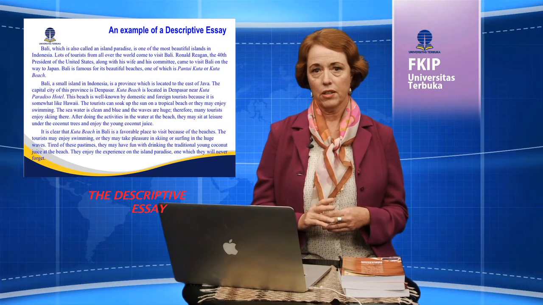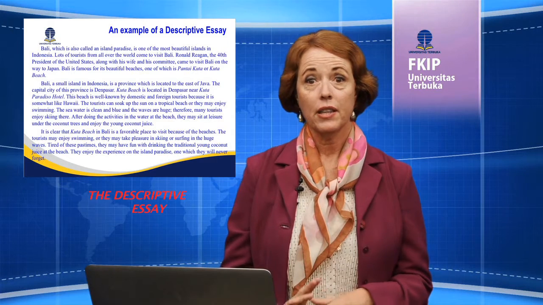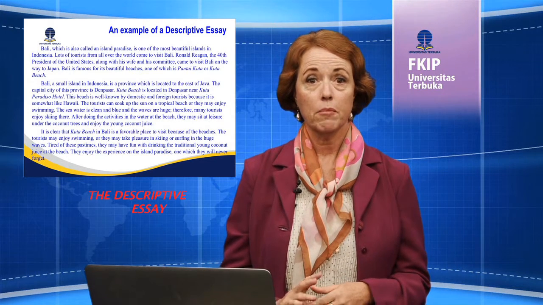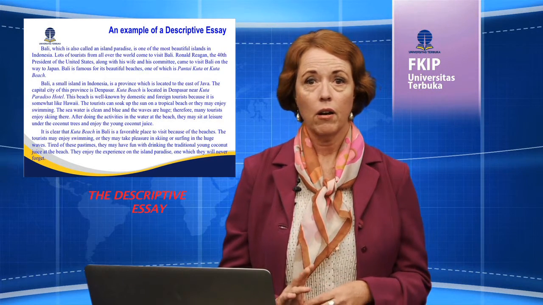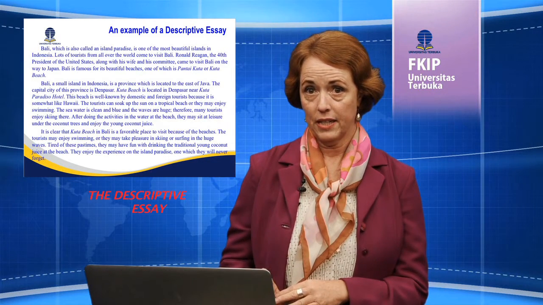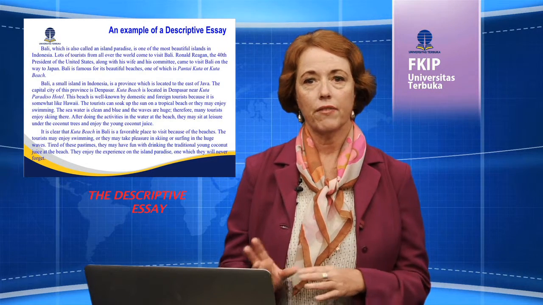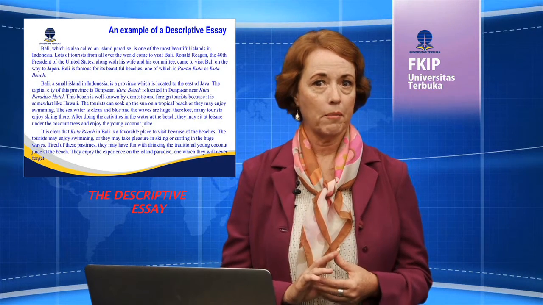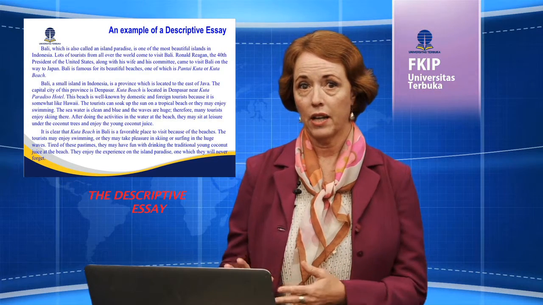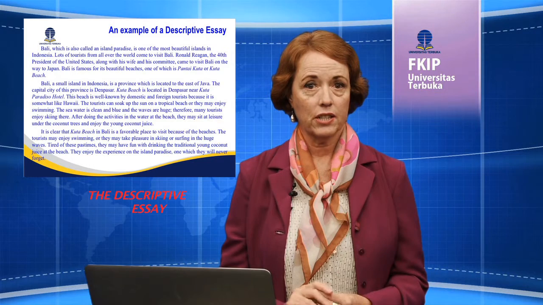The writer also uses some modification. In the first paragraph, the writer uses a phrase to modify a proper noun: Ronald Reagan, the 40th President of the United States. In the second paragraph, the writer uses a phrase to modify a proper noun, Bali, a small island in Indonesia. The writer also adds an adjective clause.